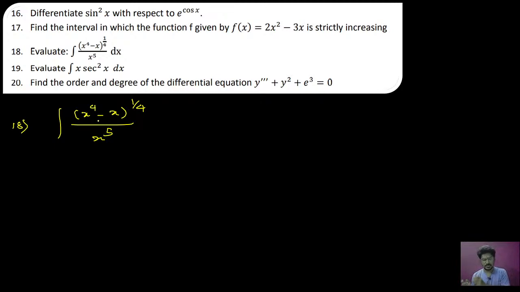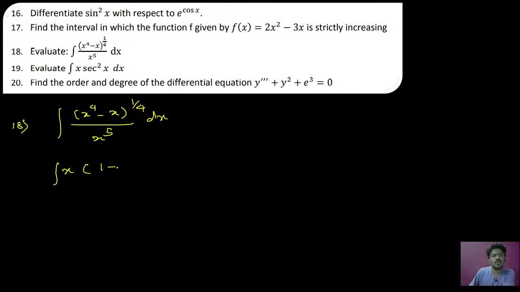While throwing x to the power of 4 outside the bracket, you have to solve those powers. So here, when you solve the powers, what happens? X to the power of 4 will get cancelled and you will remain with x.